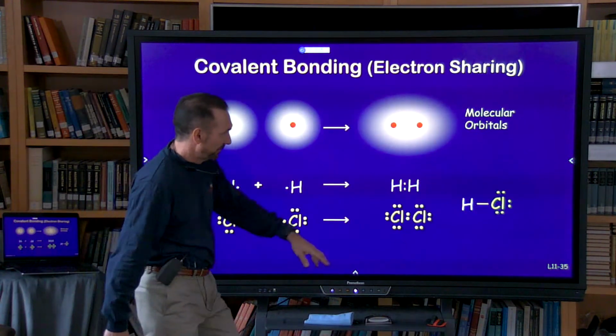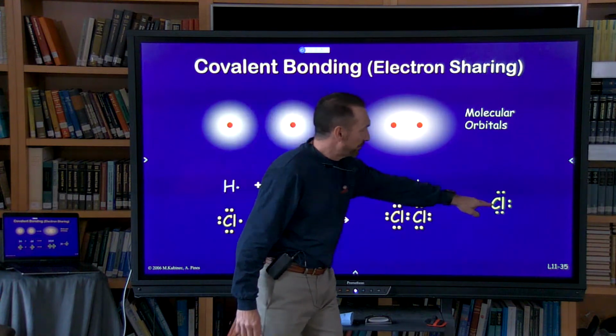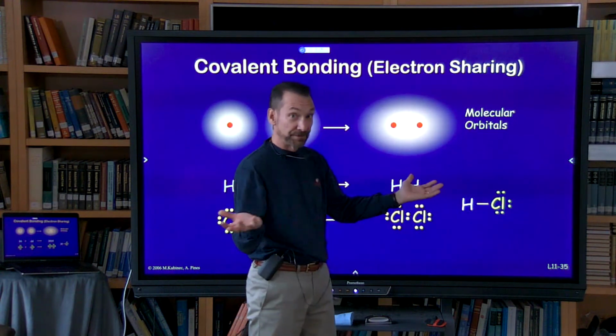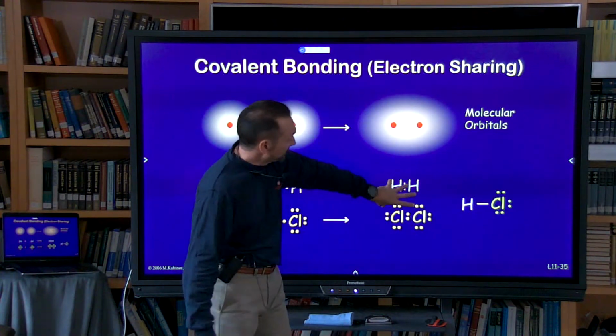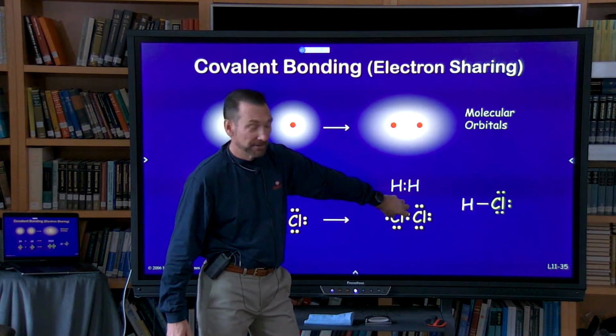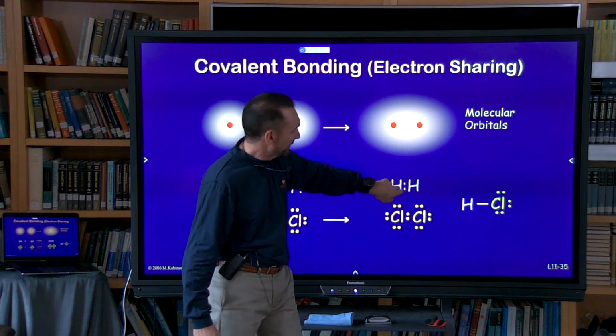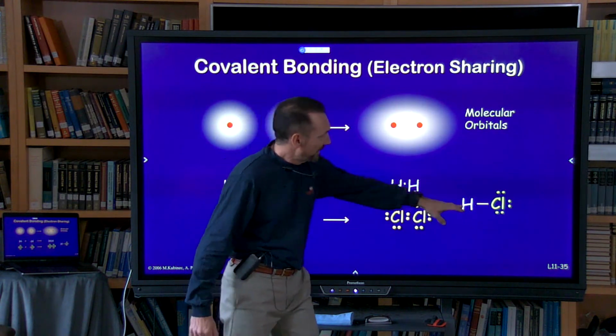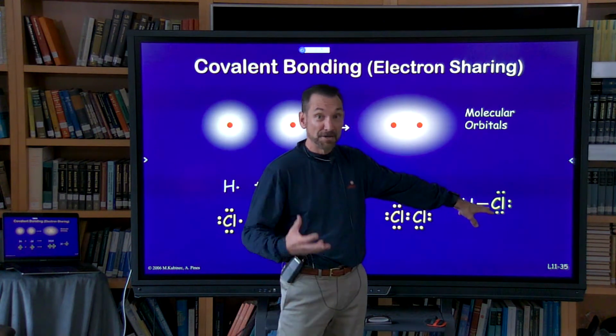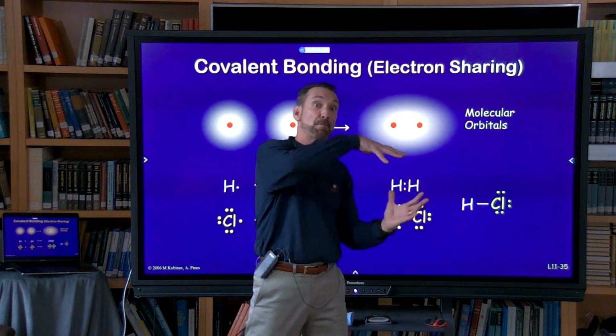And of course, these are homonuclear. It could be heteronuclear, and most of the interesting ones are heteronuclear. These are perfectly covalent because they're equal electronegativity by definition. Heteronuclear are not perfectly covalent. They're the ones that are polar covalent.